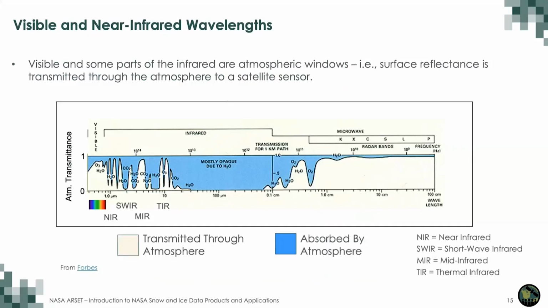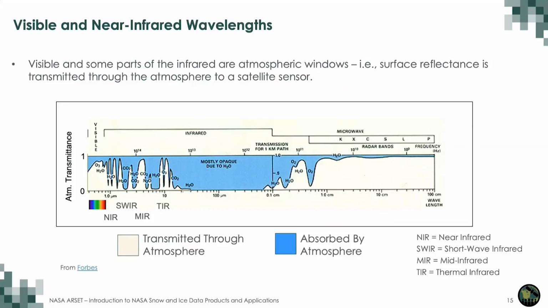So now moving on to visible and near infrared wavelengths. With visible and near infrared, you have to look for atmospheric windows, areas where the energy gets through the atmosphere to the sensor.